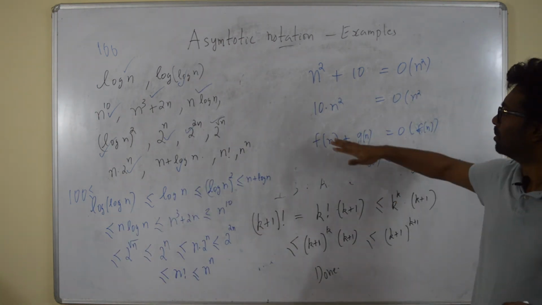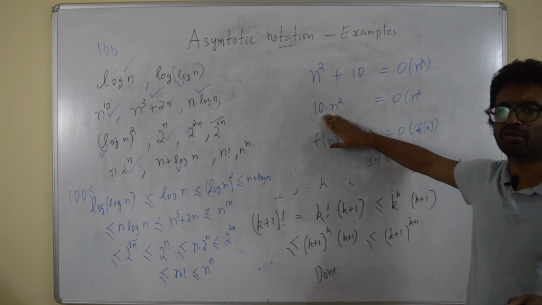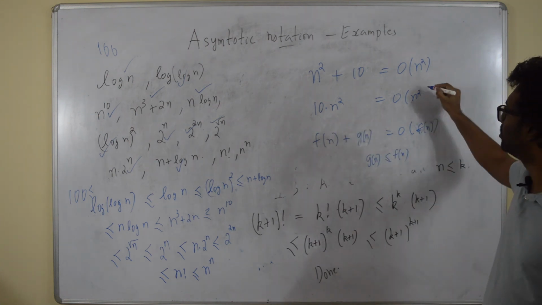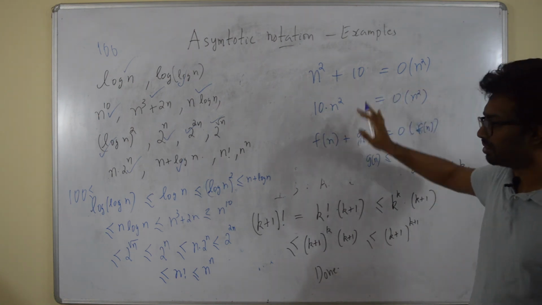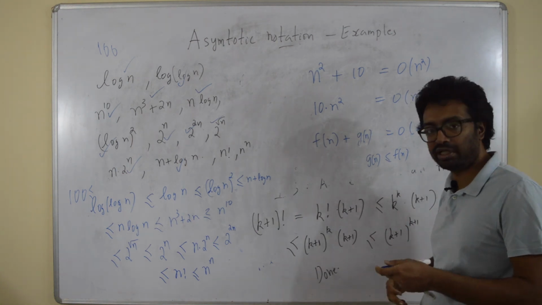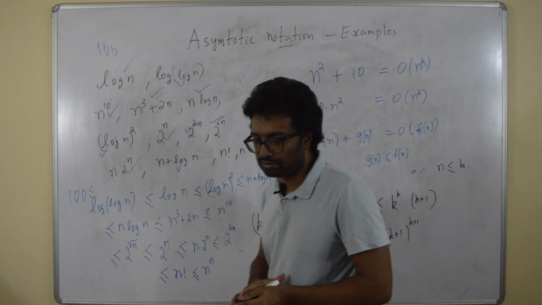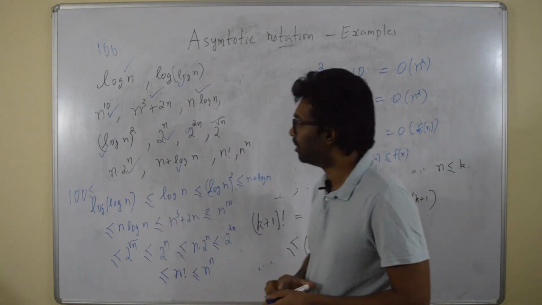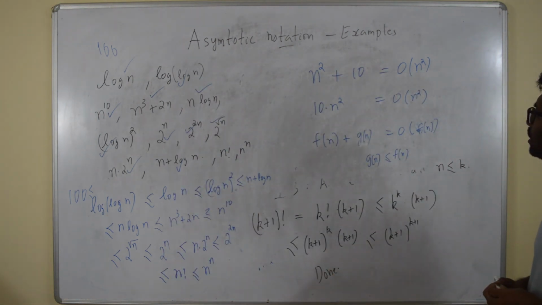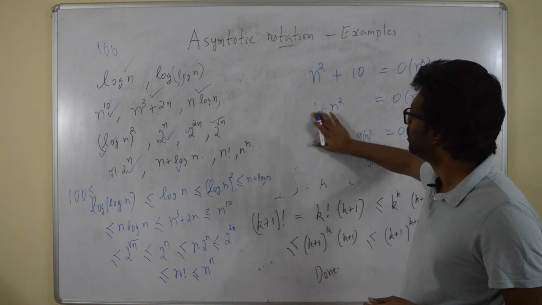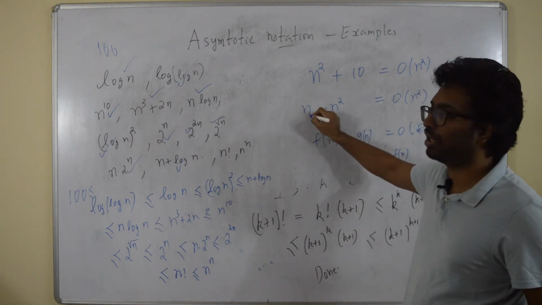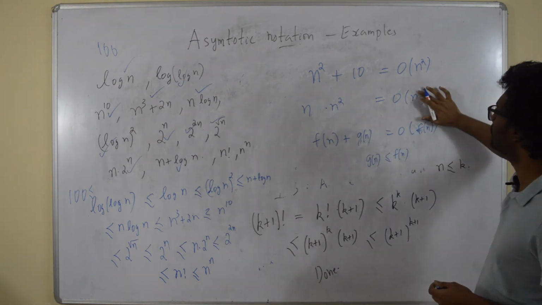Right, so multiplication by constants disappears in the order notation. Addition by constants disappears. So addition by any small functions disappears. What about multiplication by an n? So multiplication by n kind of raises this thing. Okay, this becomes n cube.